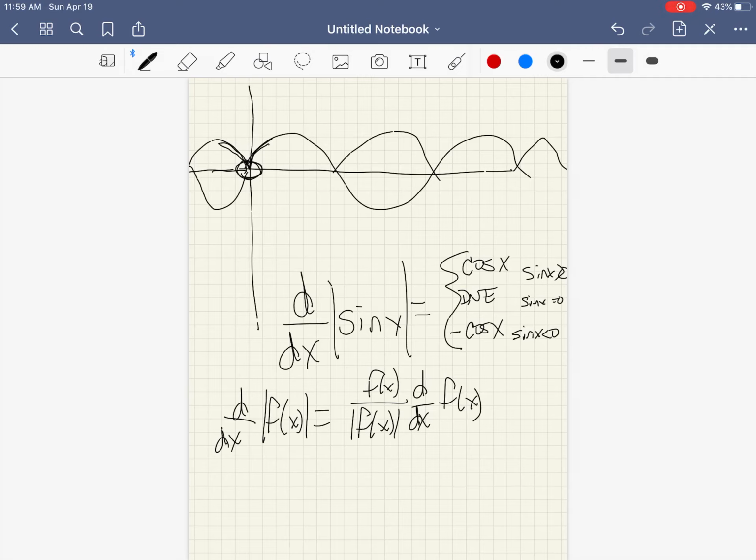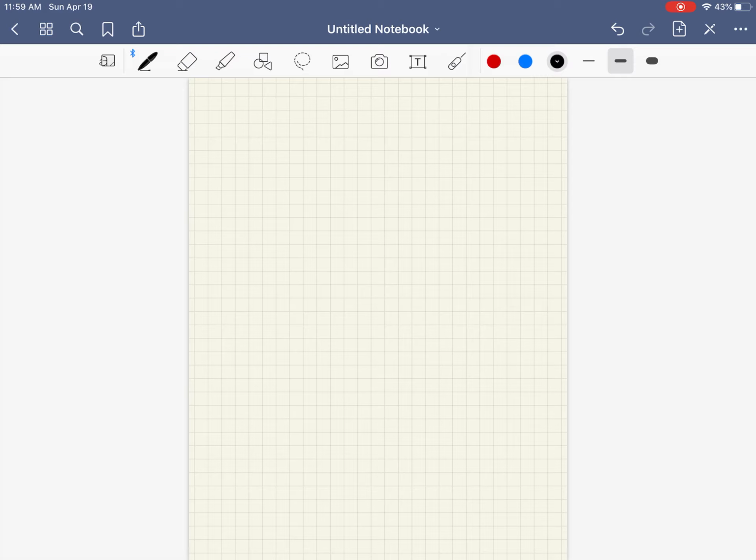And you can see that that works for sine of x, because f of x over absolute value of f of x would be a -1 times that. So it does work. We don't actually have to use it in this lesson or very often because we're going to be looking at these things graphically.